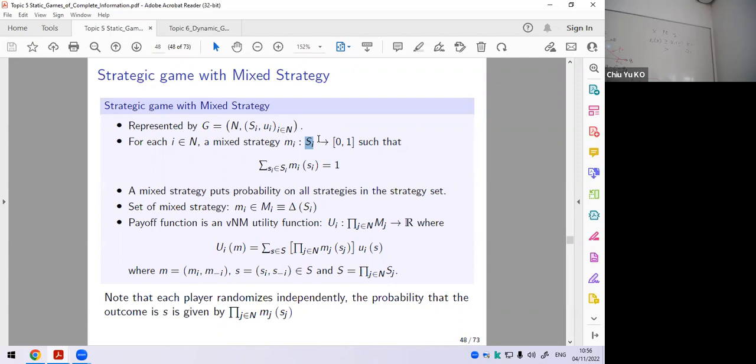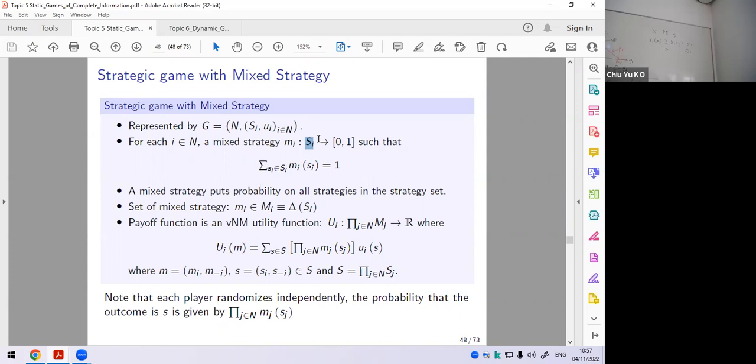Before, the strategy was choosing this or that. But now we will be choosing M1 of S1, M1 of S2, and M2 of S1, M2 of S2.